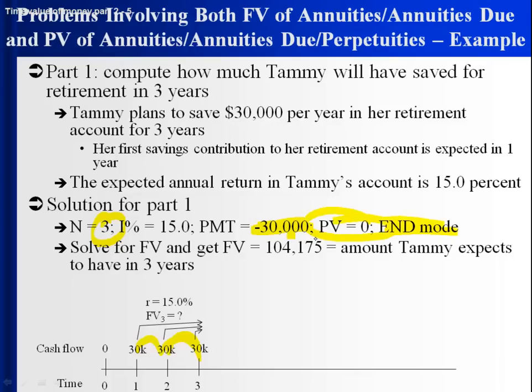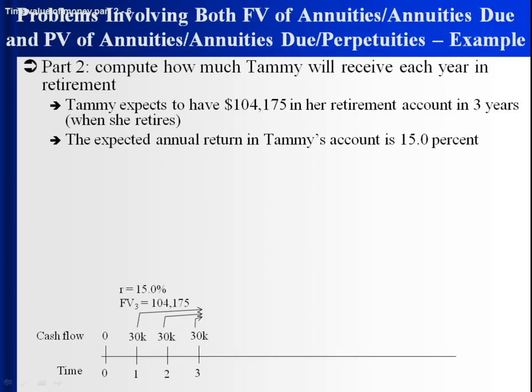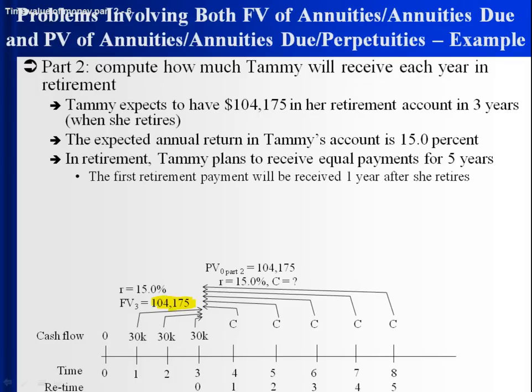She didn't have anything saved up, and so in 3 years, she'll have $104,175. That's how much she expects to have at this point in time. So now, if she expects to have 104,175, then that's the present value of her annuity.